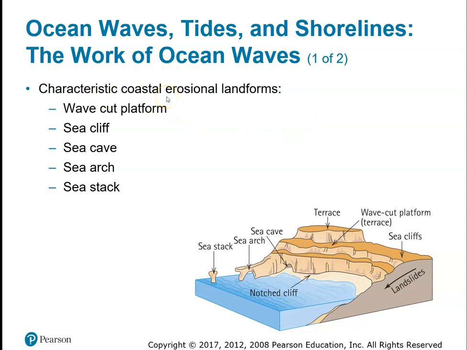So just imagine that this is happening over the course of millions upon millions of years. These waves over time are cutting into the shoreline, and as you get these cliffs, the rocks on top will fall down and drop into the sea, and it'll cause you to have these nice straight cliffs.